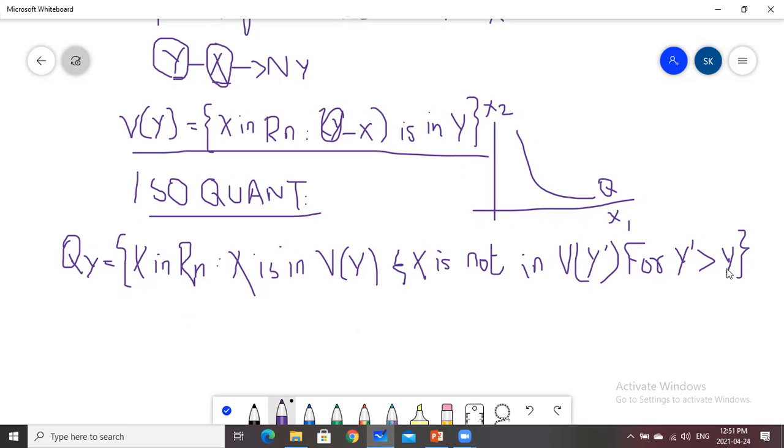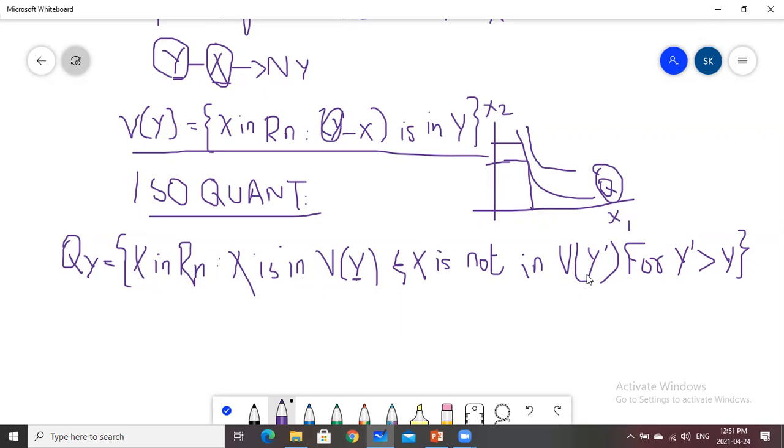So X should not be in V of y prime, rather it should be in V of y. Isoquants are the bundles that produce exactly y units of output. Whatever bundle we have, it is producing exactly the same amount of output. X will not be in any other region.